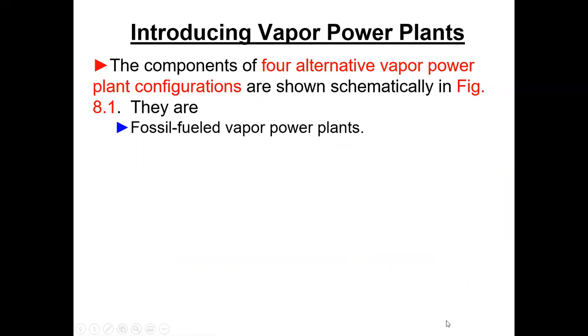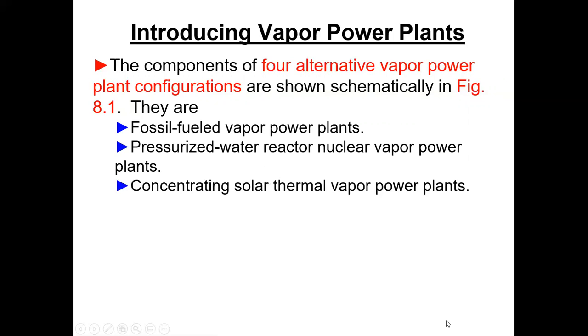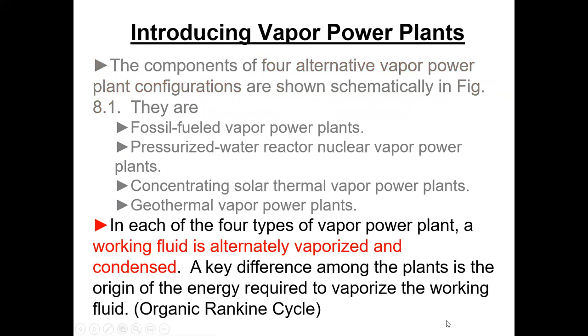So we're going to look at a diagram for fossil fuel vapor power plants, pressurized water reactor vapor power plants, concentrating solar thermal vapor power plants, and geothermal. In each of the four types of vapor power plant, a working fluid is alternately vaporized and condensed. So when we use the term vapor power plant, we're talking about boiling and condensing whatever the working fluid is.